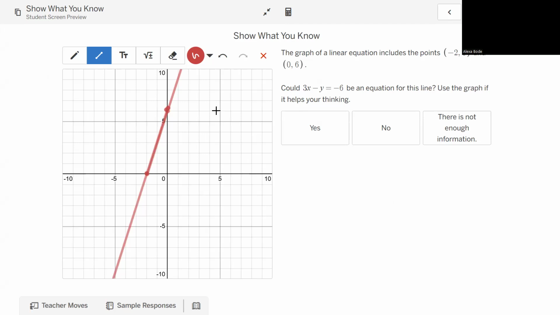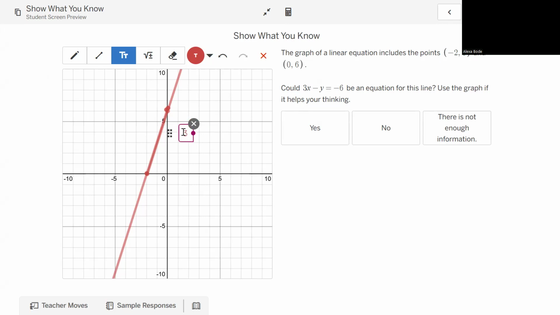Okay, if you are one of my friends that is stuck and doesn't know how to figure this out still, if you're taking these points and putting them into the equation, you're solving to see if it works. So my first point, negative 2 comma 0, negative 2 is going to go in for x, 0 is going to go in for y.